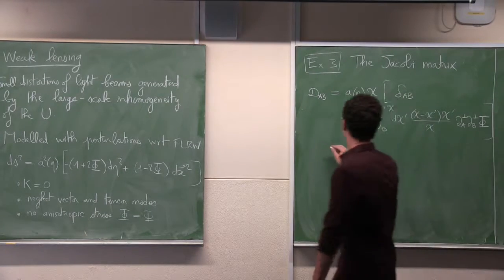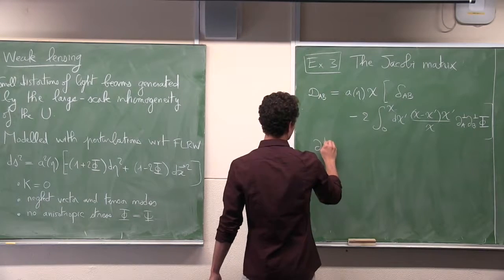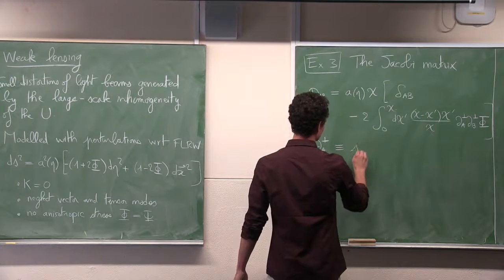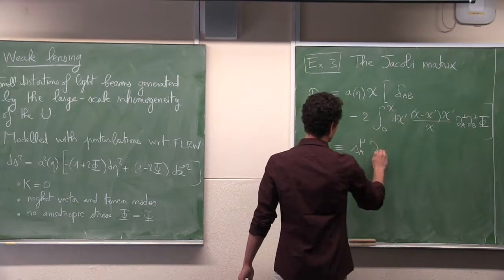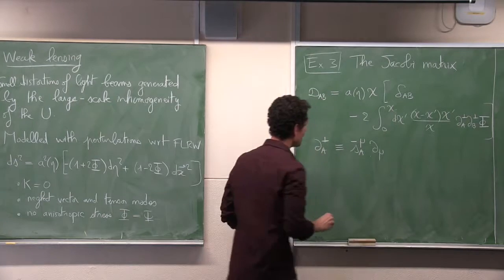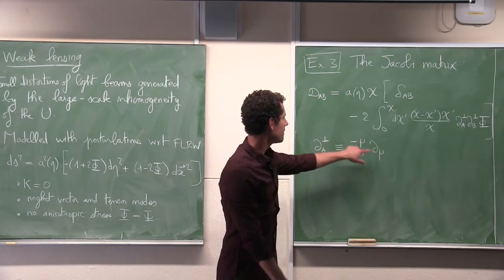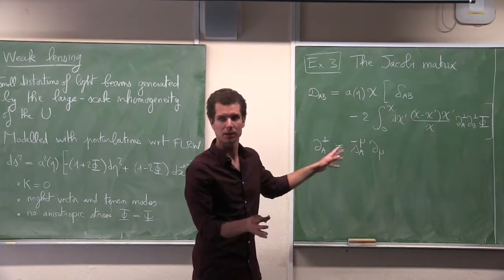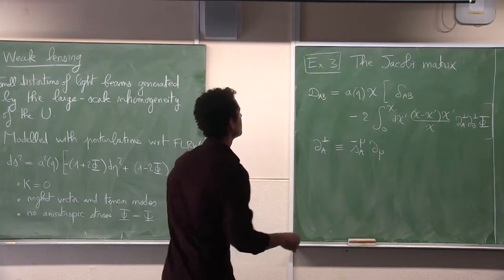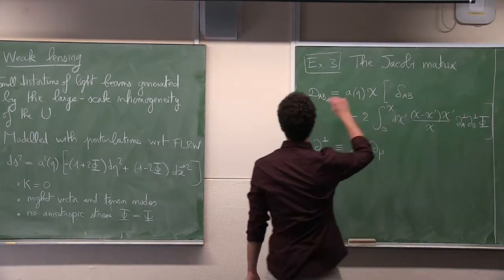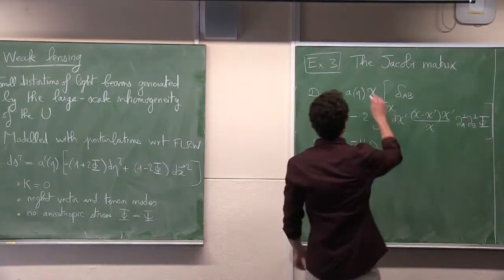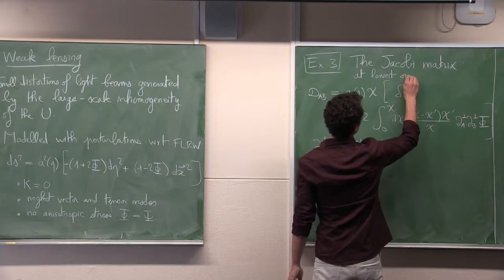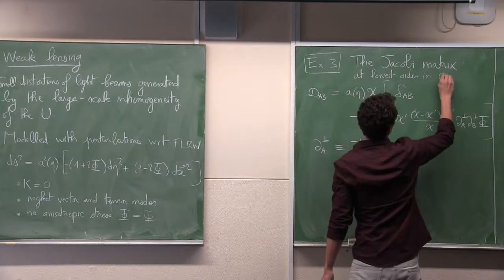What I call d orthogonal here is actually a screen derivative, a derivative in the direction orthogonal to the background light ray vector. Because here it's worked out at first order. This is the Jacobi matrix at lowest order in phi.